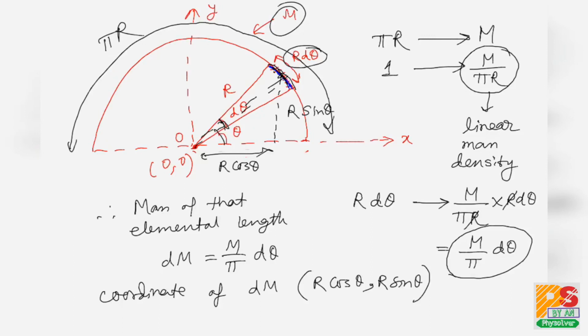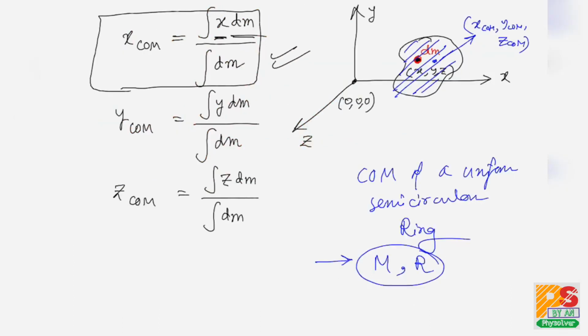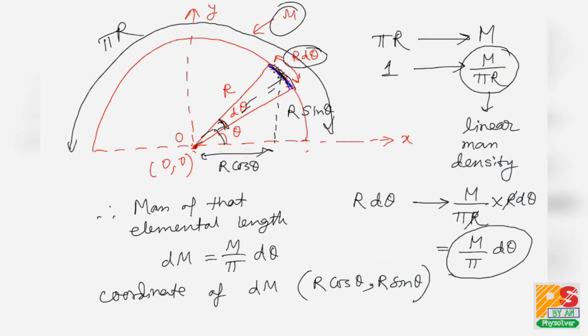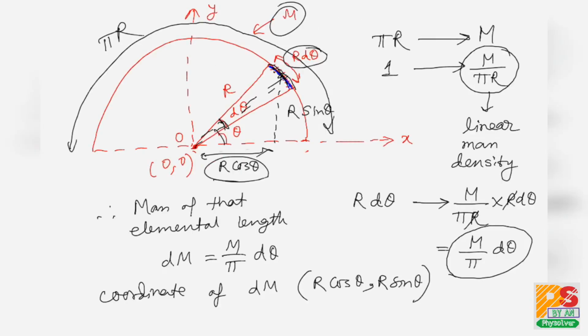Now I will use this formula to find x com and this formula to find y com. There is no z here because it is planar. Therefore x com is integration x dm divided by integration dm. What is x? x is r cos theta, and dm is m by pi d theta.